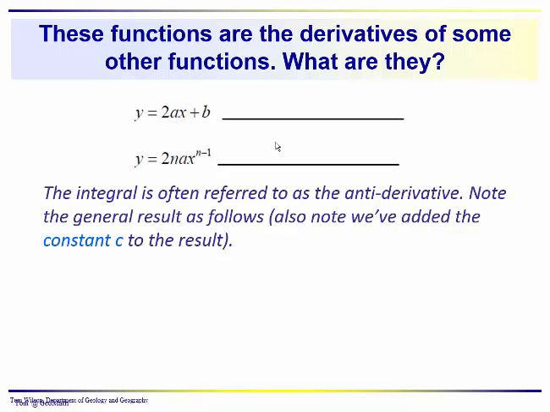Okay, so here are a couple additional functions. Let's take a look at them. We have 2ax plus b, so we know the derivative of ax squared will give us this term. We know the derivative of bx will give us this term. We know that the c will disappear.